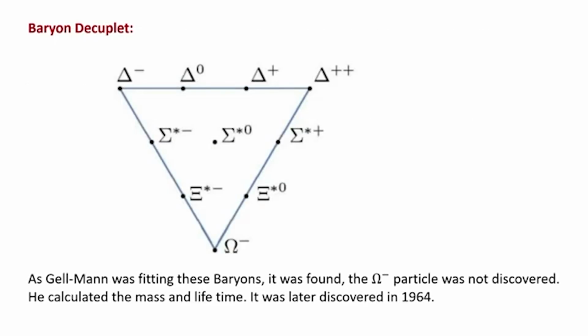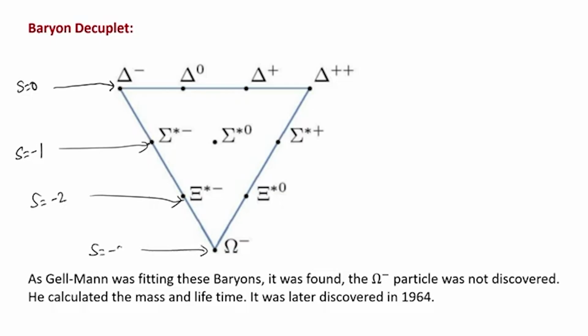And this looks like this inverted triangle, where you have this as s equal to 0, then you have this as s equal to -1, and then s equal to -2, and this has s equal to -3, and so on.